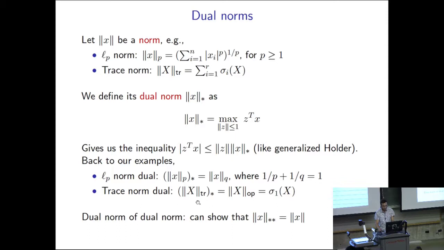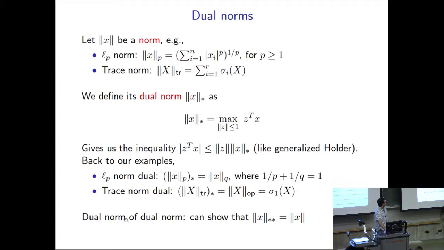I claim this is the analogy of the duality between the L1 and L infinity norms in the vector world. The trace norm is like the L1 norm: it's the sum of the singular values. And the operator norm is like the L infinity norm: it's the biggest singular value, sigma 1. So this is another dual pair.